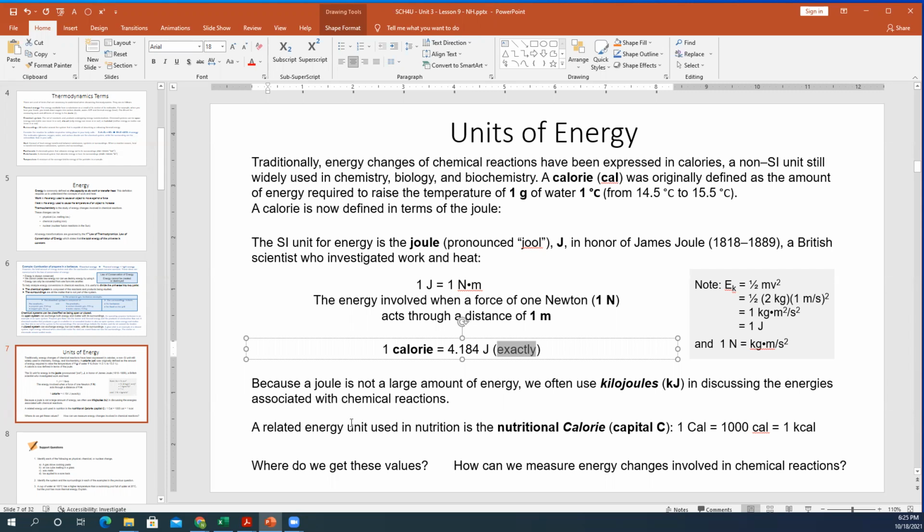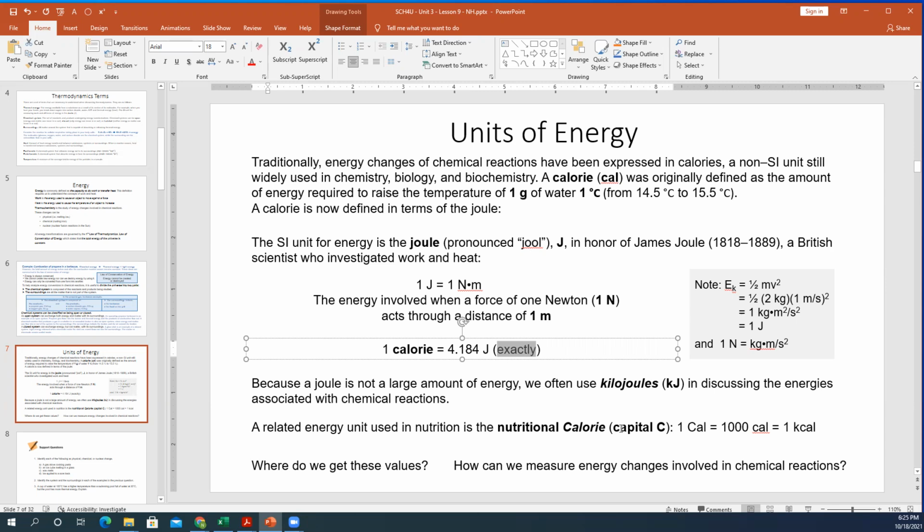But because a joule is not a very large amount of energy, you will often see kilojoules used when we're discussing energies associated with chemical reactions. 1 kilojoule is obviously 1,000 joules.